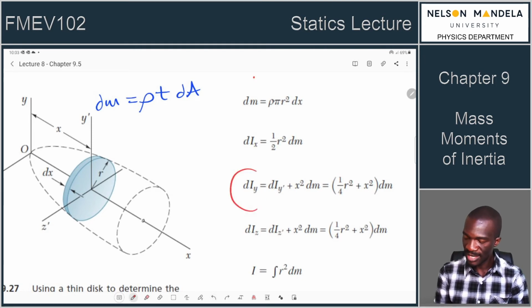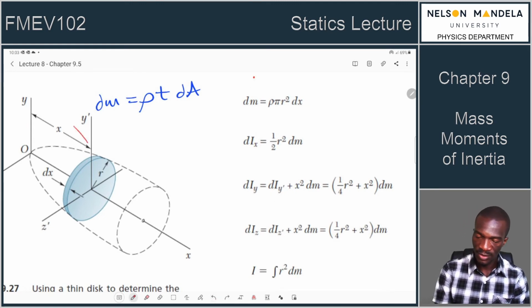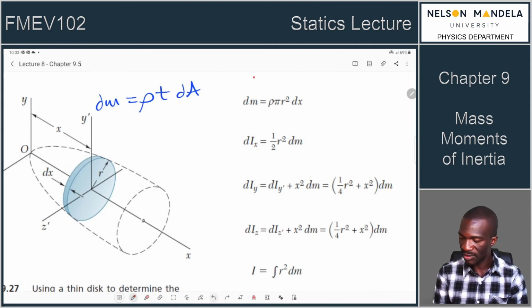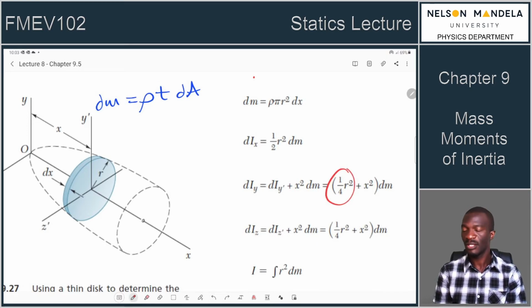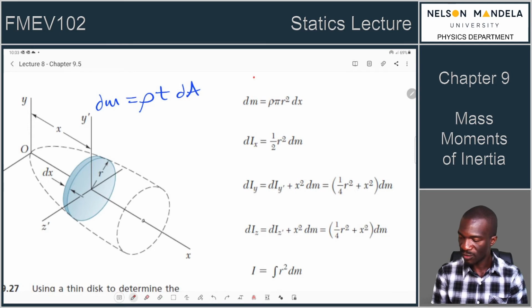So the moment of inertia diy, about the y-axis, would be equal to the centroidal one, plus the distance of the centroid from the y-axis, x squared dm. So our centroidal diy, we know it, which is a quarter of r squared, and then plus the x squared, which we've just identified with respect to m.